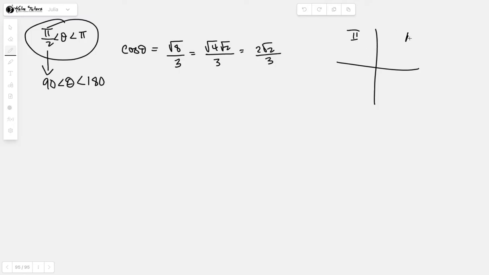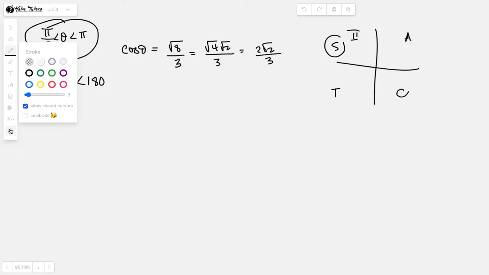Well, we know from the ASTC that in quadrant 2, only sine, and therefore its reciprocal, cosecant, are positive there. So now cosine is negative, in other words. Remember, anytime you take a square root of both sides, well, on the right side, you need to consider plus or minus. It's always plus or minus a square root. So it's plus or minus here or plus or minus there.